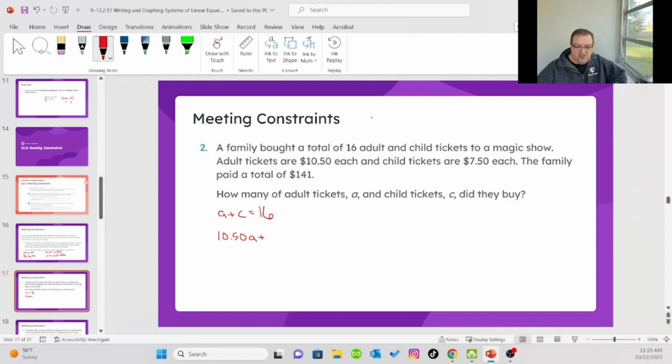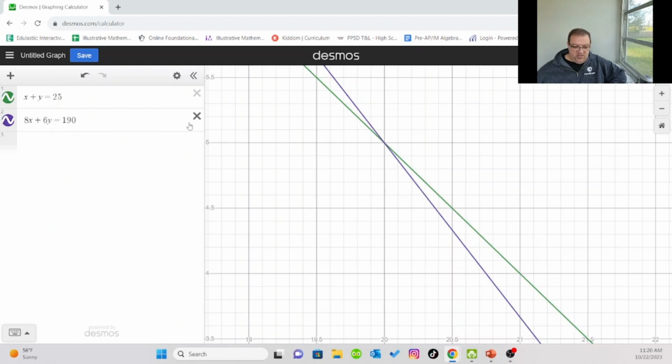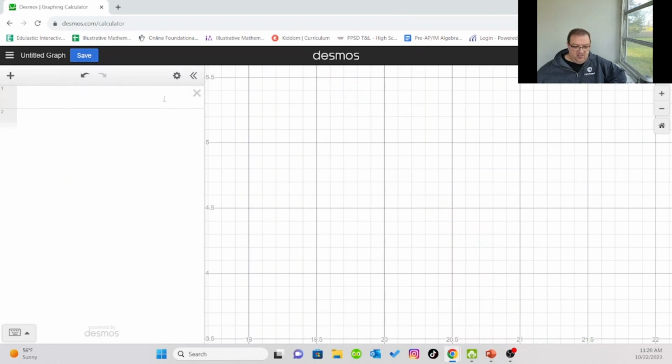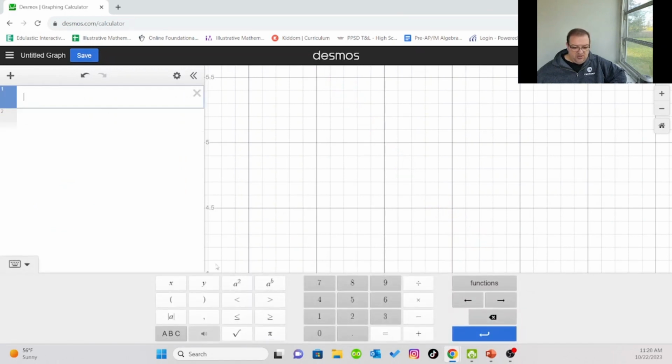Child tickets are $7.50 each, so that's 7.50C. And that equals a total of $141. We put our bracket here. That is our system.